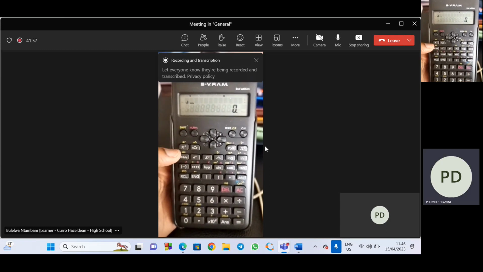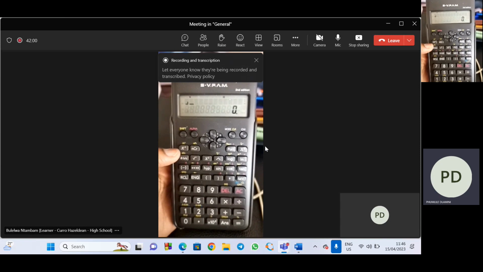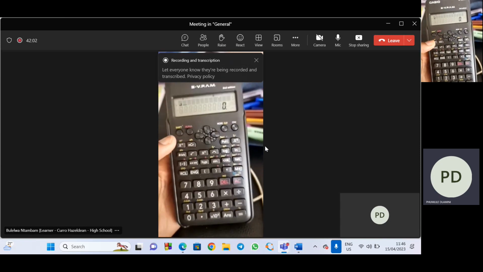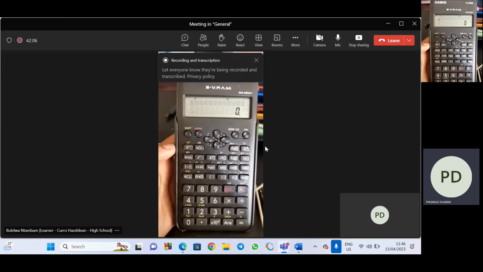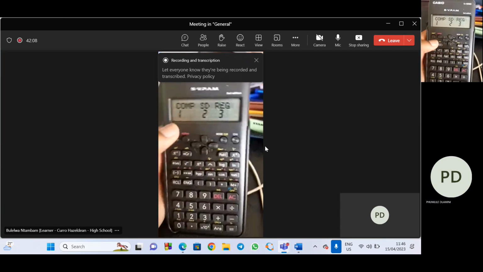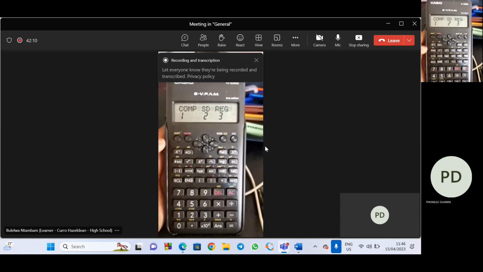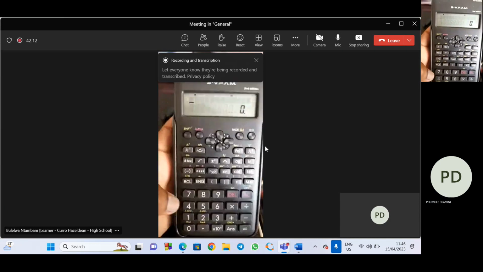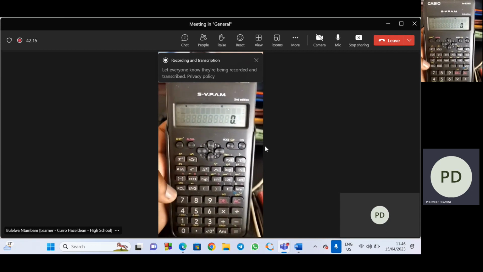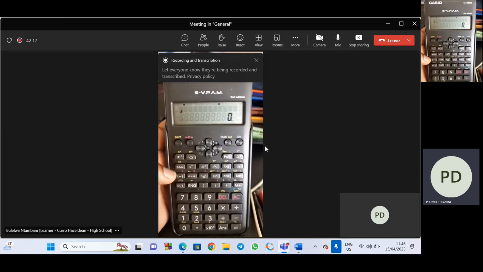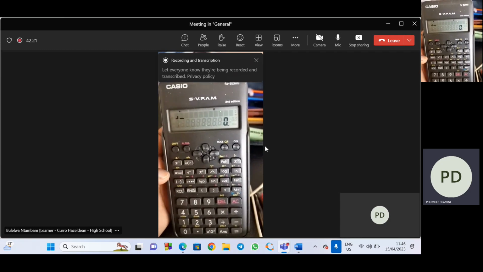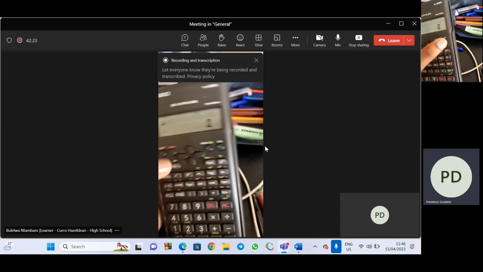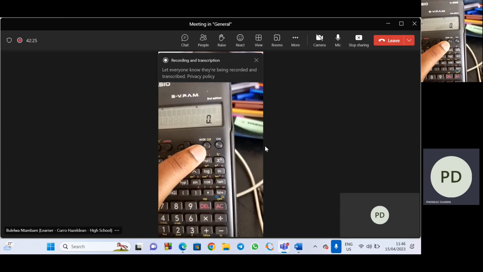Okay, it's fine. We have to first deal with that problem. Cancel, then press mode on your calculator. Press 1, then press that ABC. Let's see what will happen. Still doing the same. Okay, cancel it, press mode. I want you to write in the form that won't give you a problem.